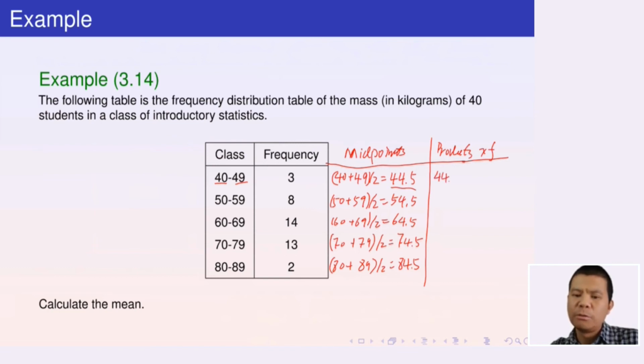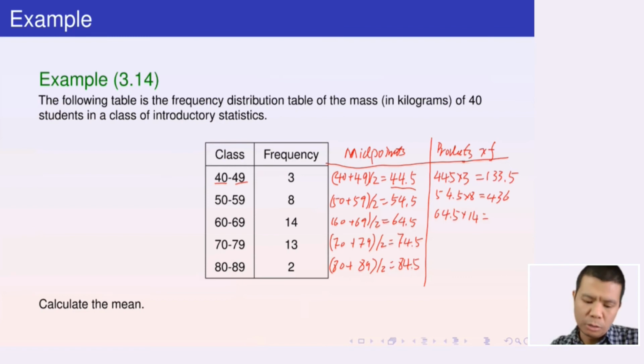So 44.5 times 3 is 133.5, and this is 54.5 times 8, which I found is 436, and 64.5 times 14, so 903.